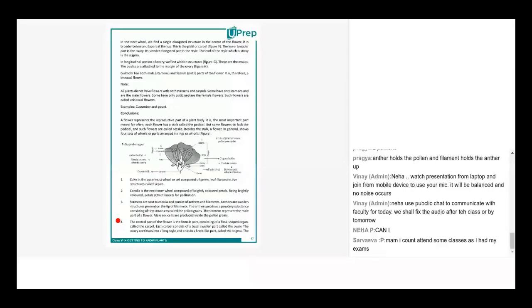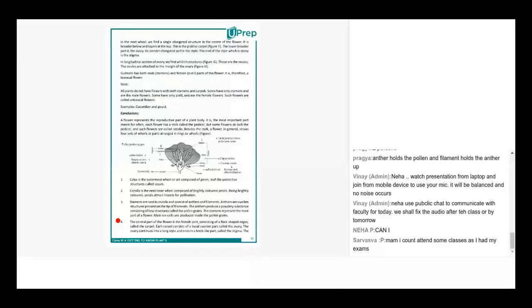And the last point, the fourth point, Anjali? The central part of the flower is the female part, consisting of a flask-shaped organ called the carpel. Each carpel consists of a basal, swollen part called the ovary.